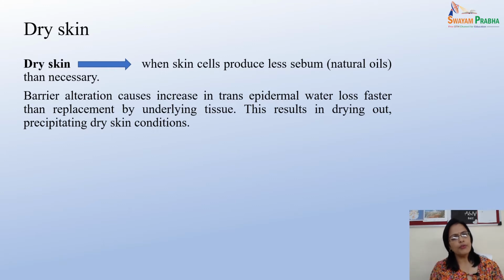A water content of about 10 to 20% in the stratum corneum is required to keep the skin soft and pliable. Barrier alteration causes an increase in transepidermal water loss, faster than replacement by underlying tissues. So just remember one line: dry skin occurs when the skin cells produce less sebum.